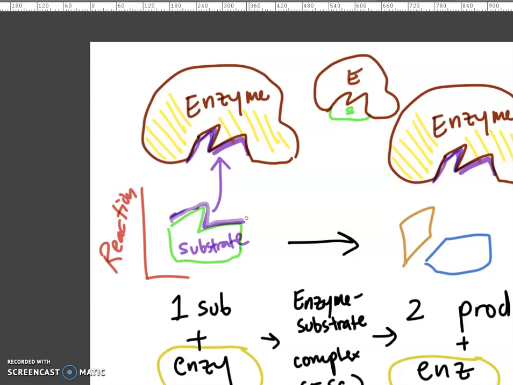That means that if you have this enzyme, but you have this substrate, this one can't actually go in because it's the wrong shape. It has to be the same shape in order for it to actually bind and connect. So it's got a wrong shape, it can't fit in.